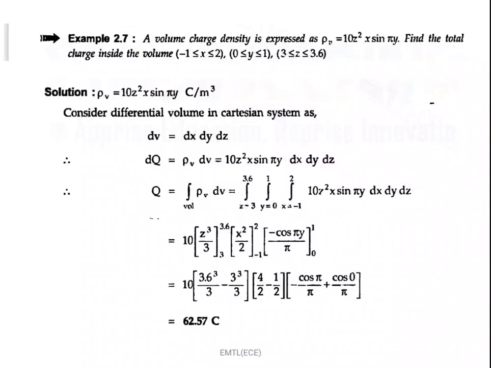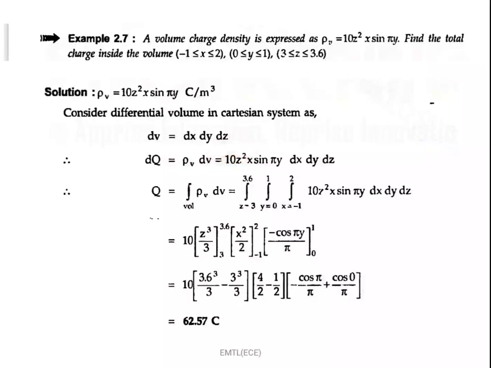Because when you substitute the surface formula in a Cartesian coordinate system, that is dx dy. If it is spherical, the formula is r dφ and dy, like that. So that is the difference between types of coordinate systems.